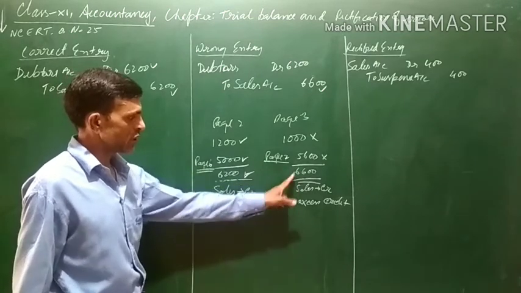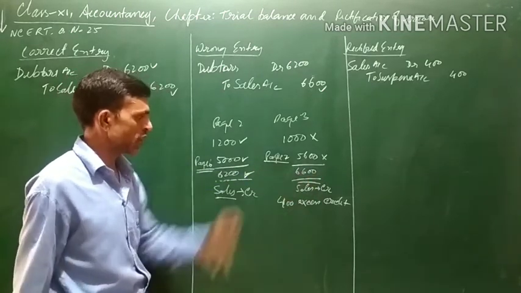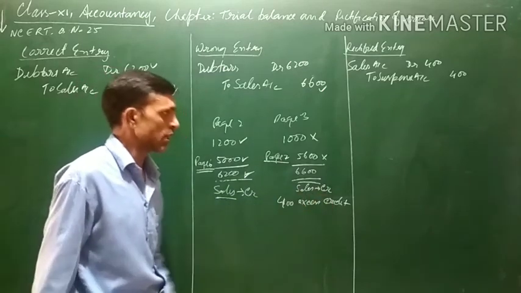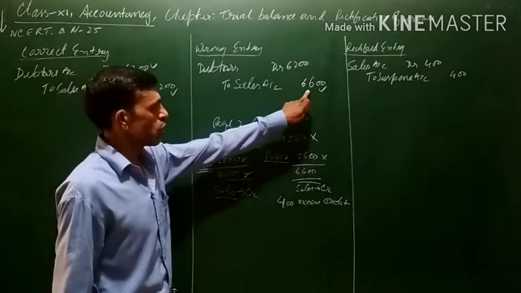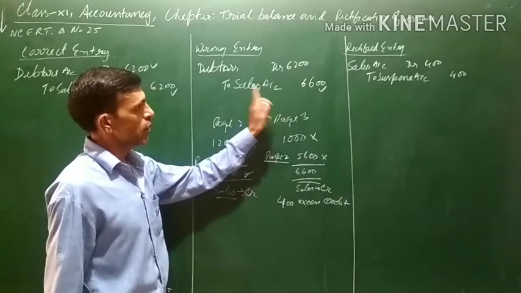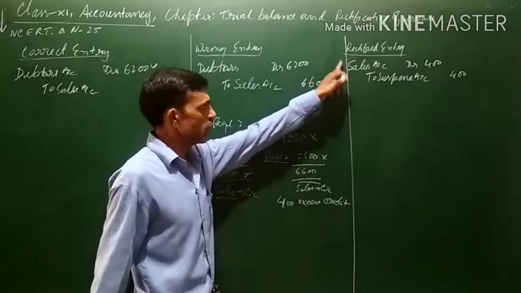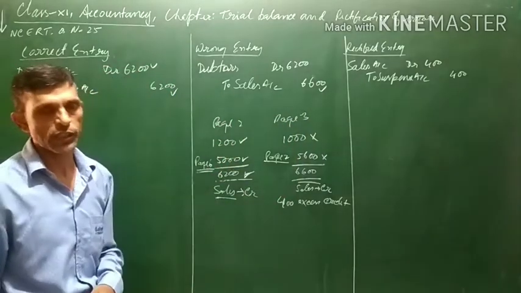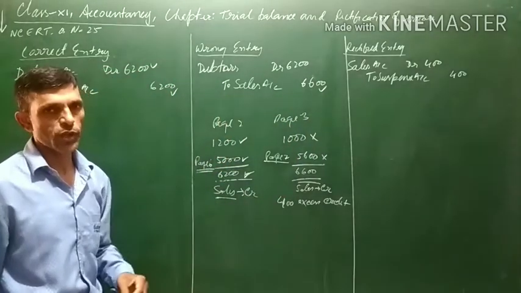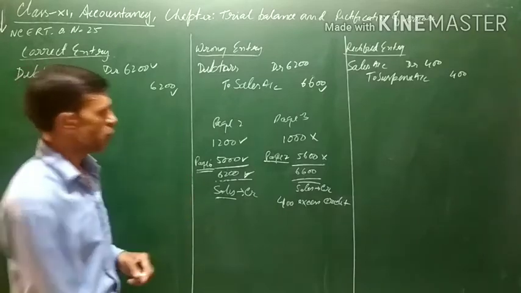Wrongly it has been written as 6,600, means 400 excess credit is there. In order to cancel this excess sales of 400, we will debit sales account, and there is no other account to be credited, so suspense account will be opened and the balance will be transferred to suspense account.